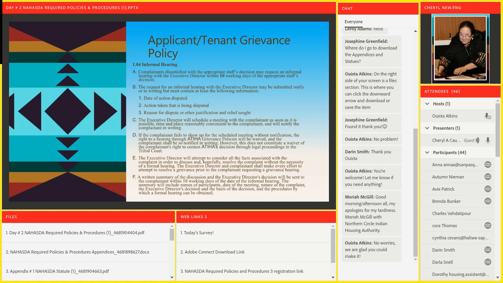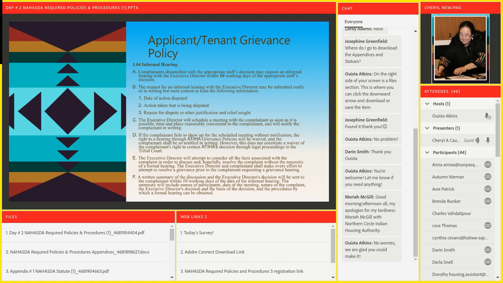The ED will attempt to consider all the facts associated with the complaint in order to discuss and hopefully resolve the complaint without the necessity of a formal hearing. The executive director and complainant shall make every effort to attempt to resolve a grievance prior to the complainant requesting a grievance hearing.